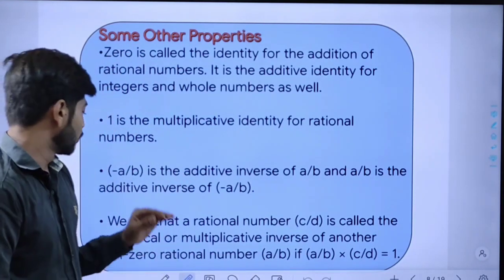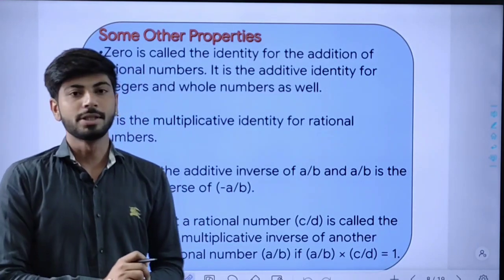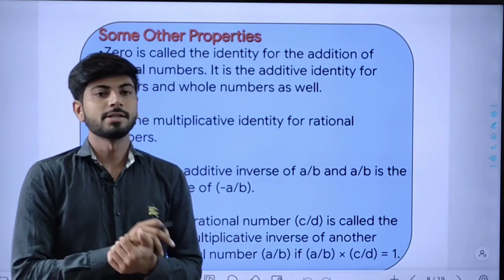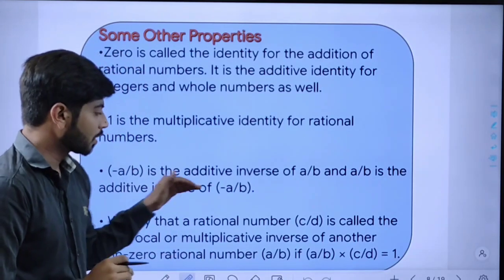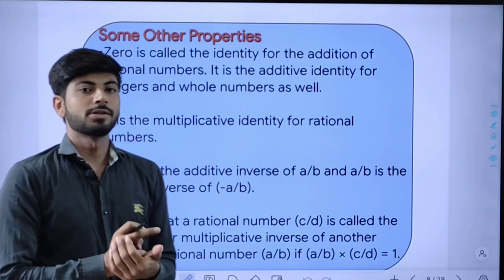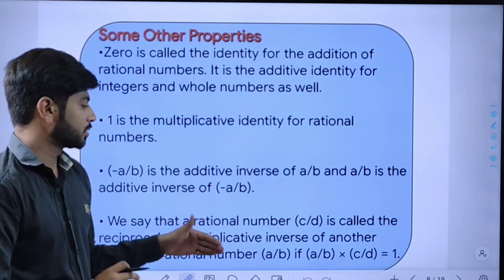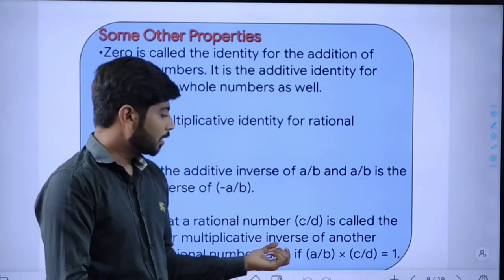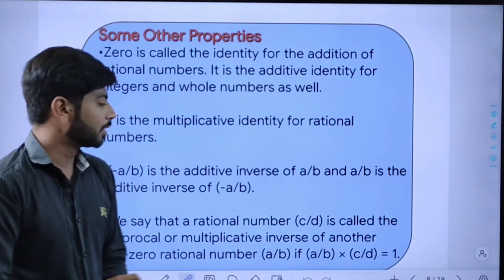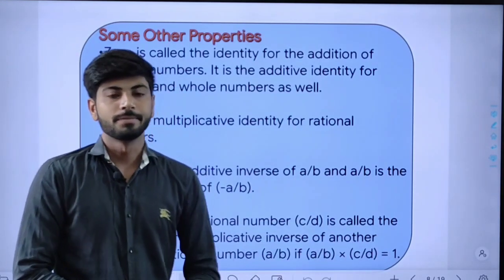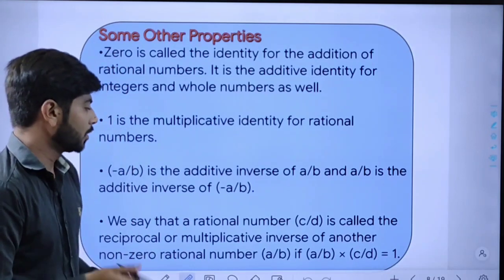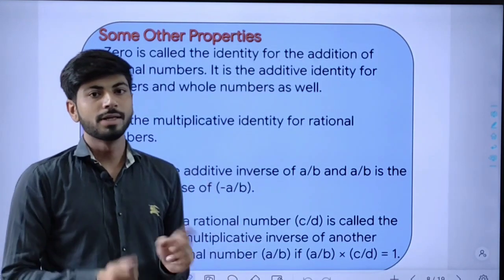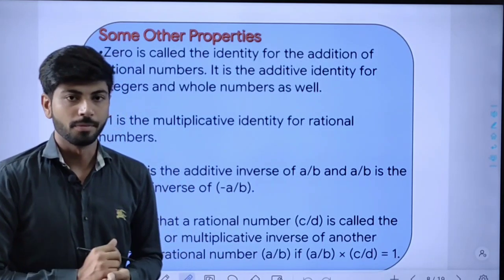You can also call it reciprocal, that we have learned in the 7th standard 2nd chapter, that is fractions. In fractions we have studied the reciprocal. It is the number which, if we multiply with the given number, we will get answer 1. One thing you have to remember, the reciprocal will always have the same sign as the given number.